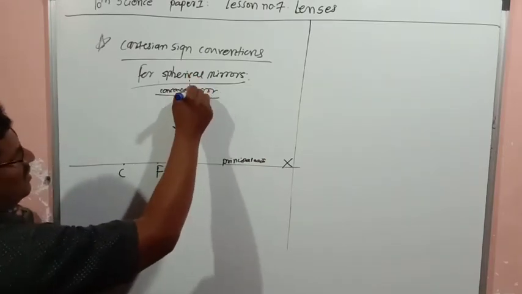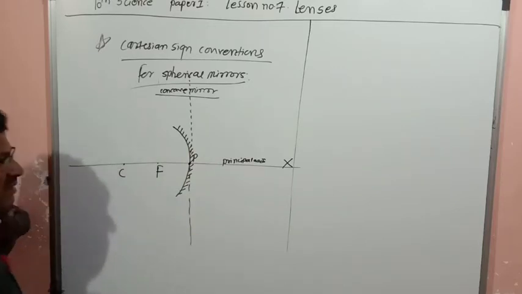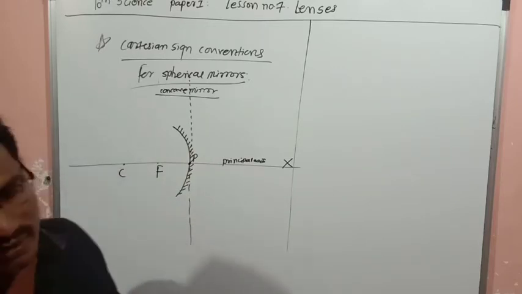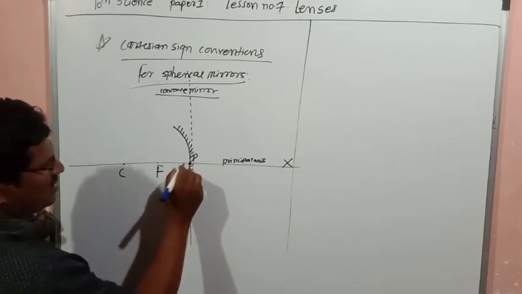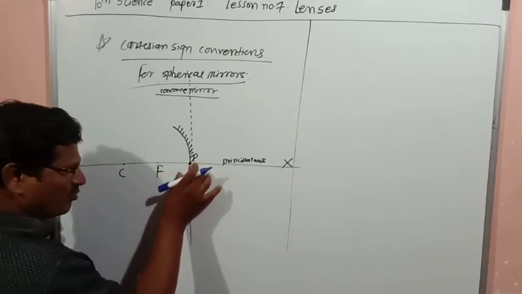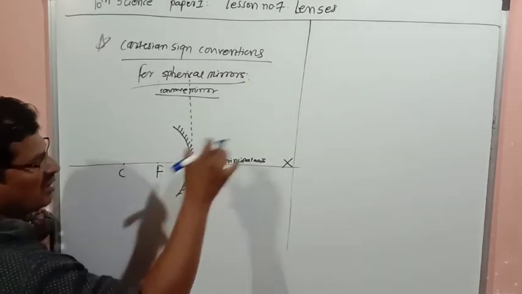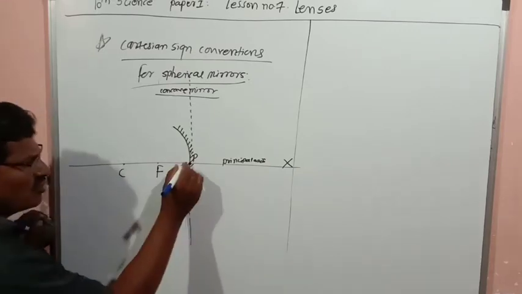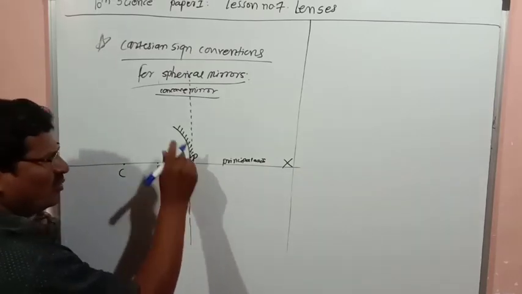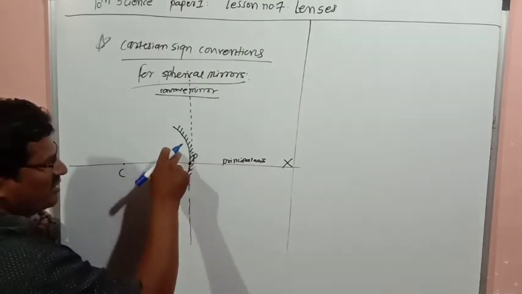You can take the y-axis like this. Now what are the sign conventions? All the distances are measured from the pole of the mirror. I am speaking only about mirrors now, later on I am going to take the lenses. The midpoint of the mirror is called the pole, and that pole is taken at the origin.